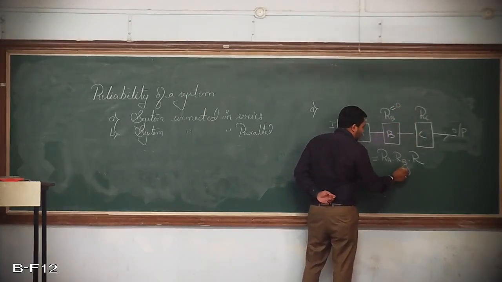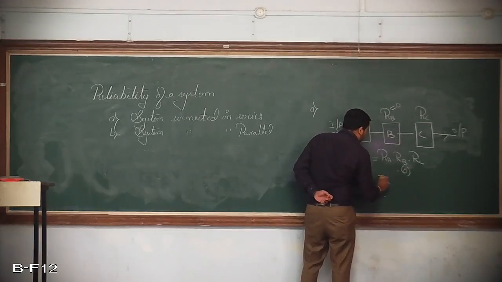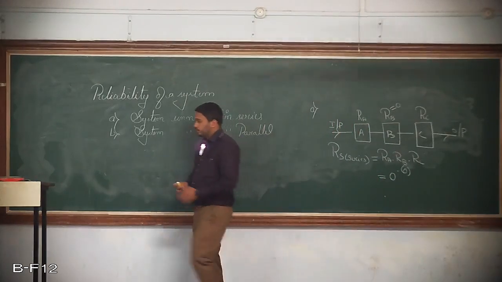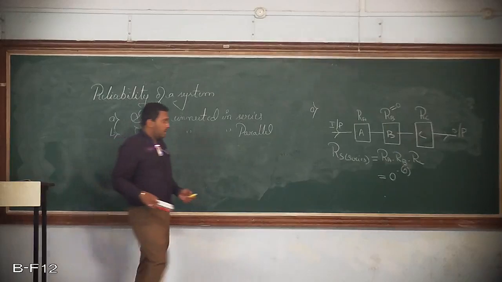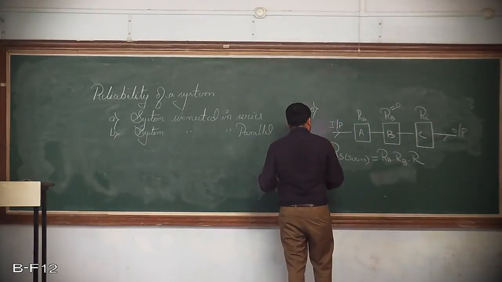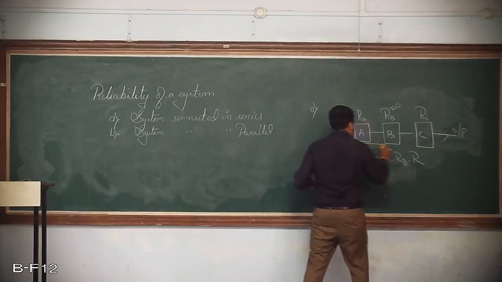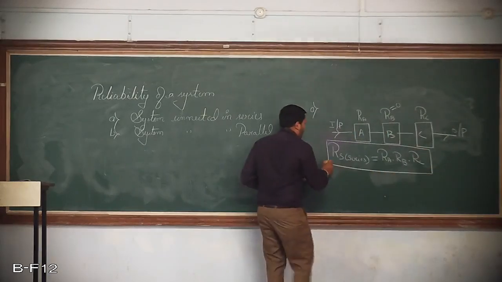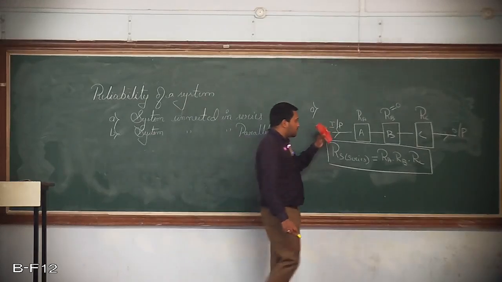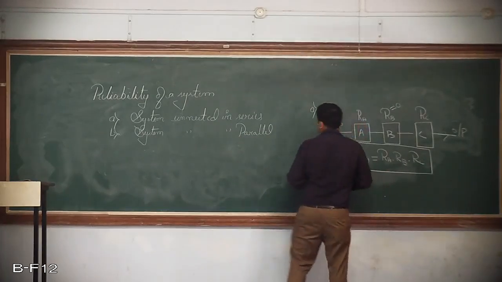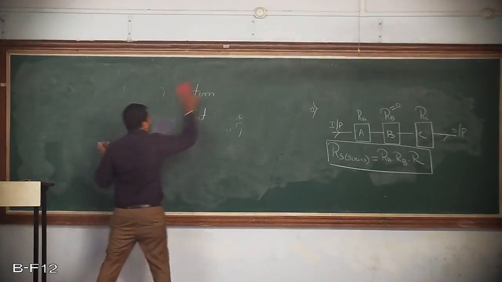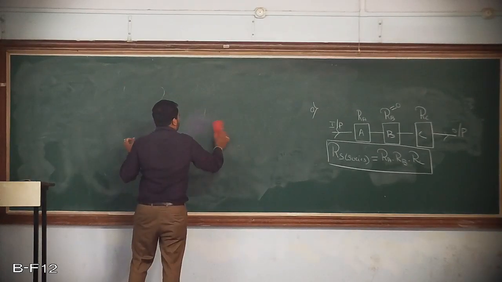In that case, if the reliability of B becomes 0, then the reliability of the entire system becomes 0. So this is very important. For a system connected in series, the reliability of the entire system is nothing but the product of the reliabilities of the subsystems connected in series.